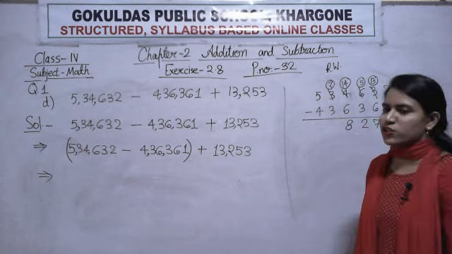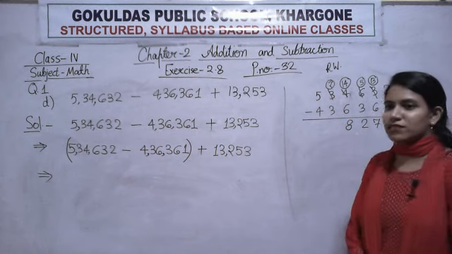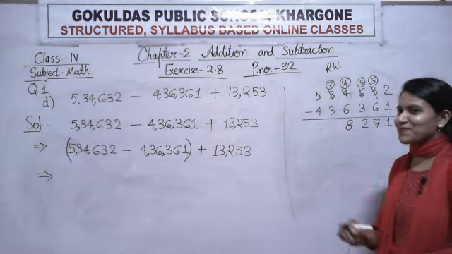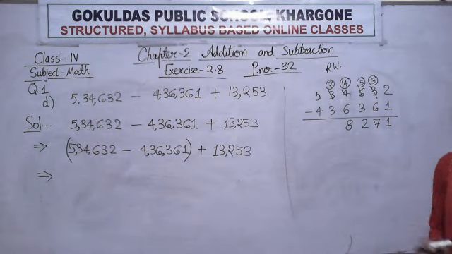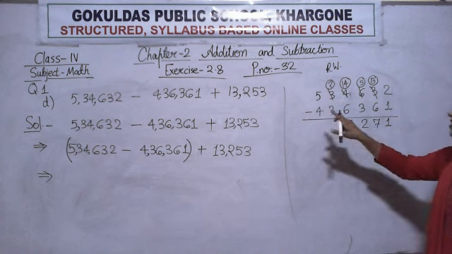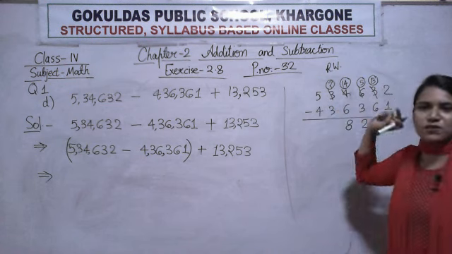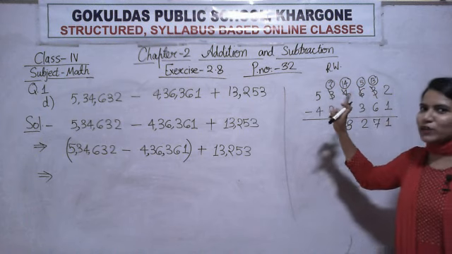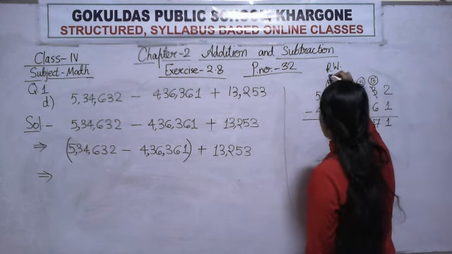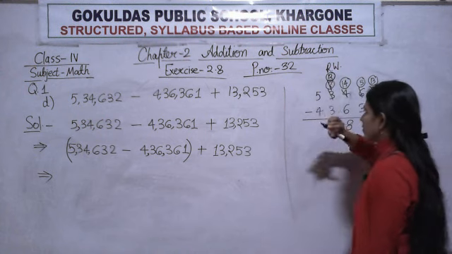Now solve the next column. 2 minus 3. You cannot subtract 3 from the smaller number, so you have to take borrow. When you take borrow, it becomes 12.